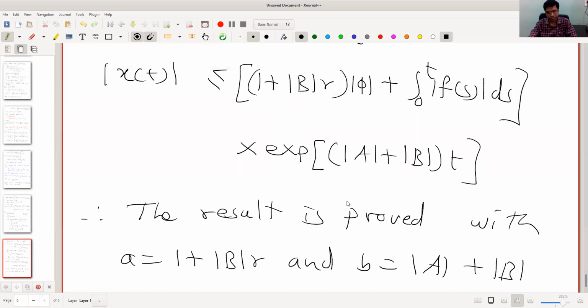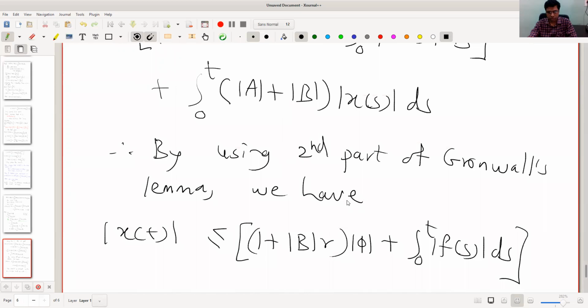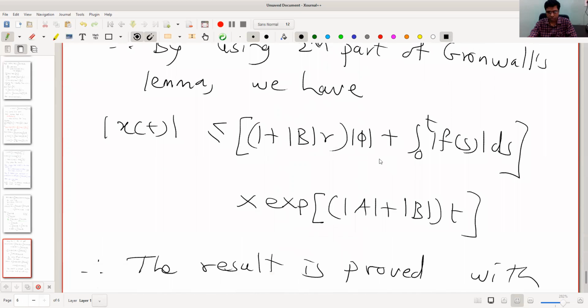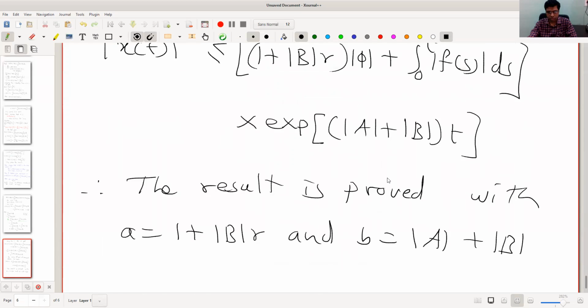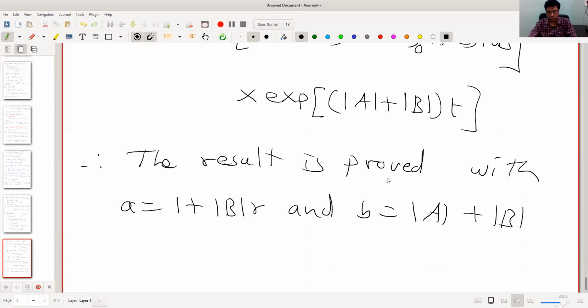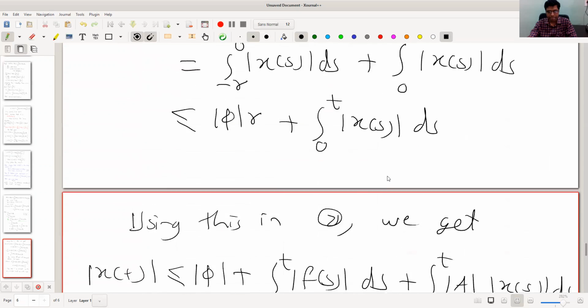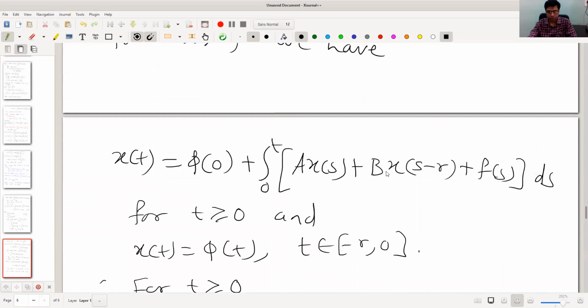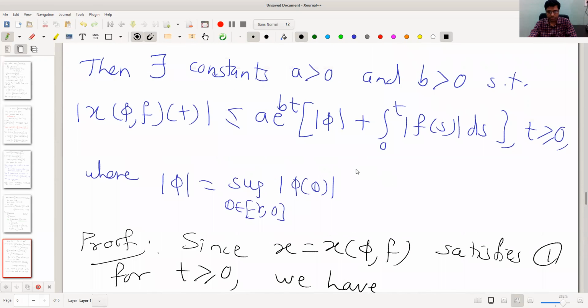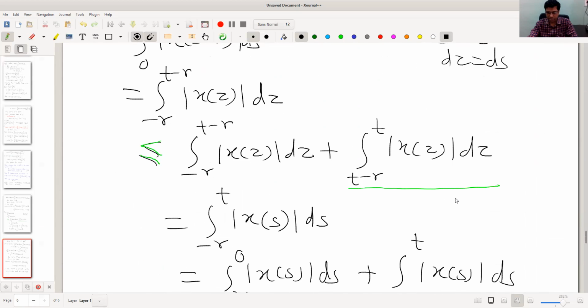What actually we need is one more step, but it is not difficult. So a e raised to bt is common in the bracket mod phi plus integral f.